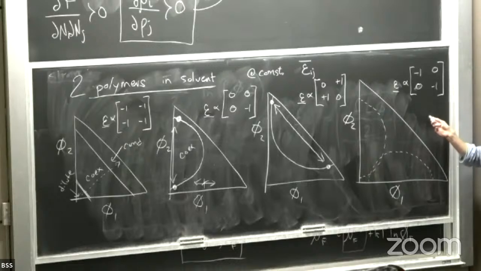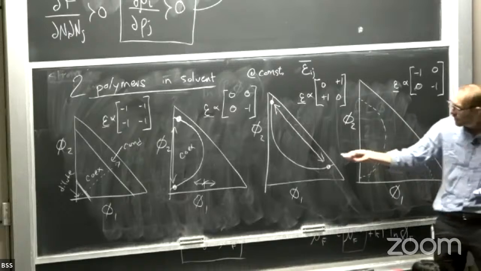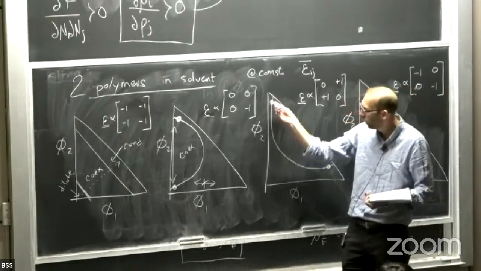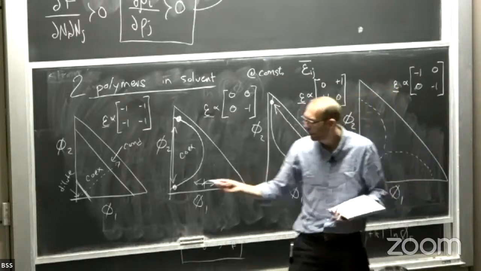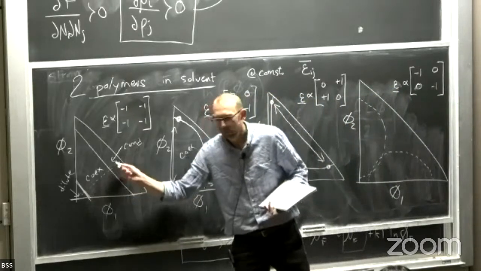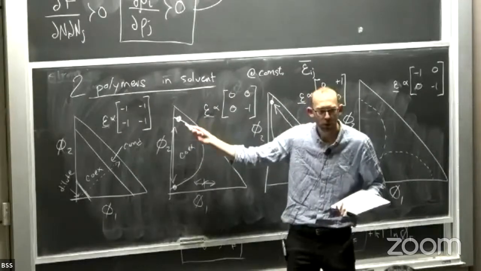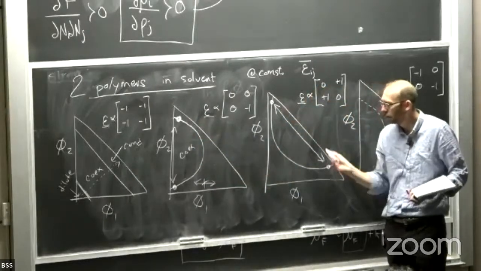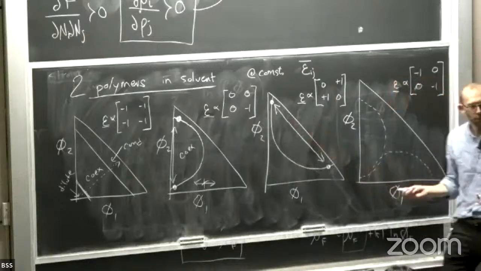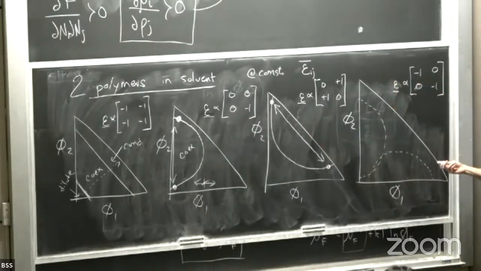But that's not what's actually going to happen. Right? In all of these cases, we have a coexistence region where we just have two different phases, say overall dilute and condensed, or condensed mostly of polymer 2, or two condensed with different types of polymers. But here, we're going to get 3 different phases.